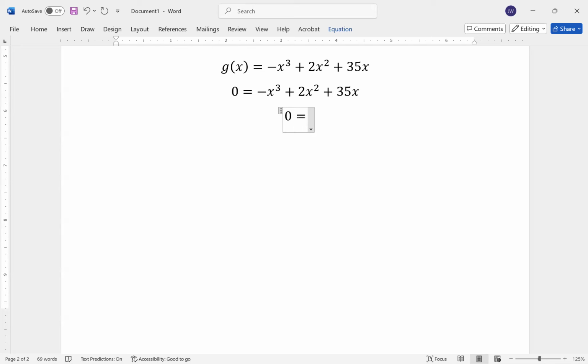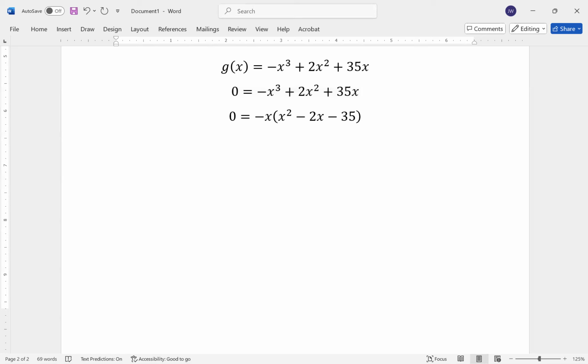Those two features combined means that I should factor out a -x, so that when I factor out a -x, that'll leave me an x squared with this term. Again, I'm dividing each term by -x, so I get x squared. Then I'd get a -2x. Again, divide 2x squared by -x. And then divide 35x by -x, you'd get a -35.